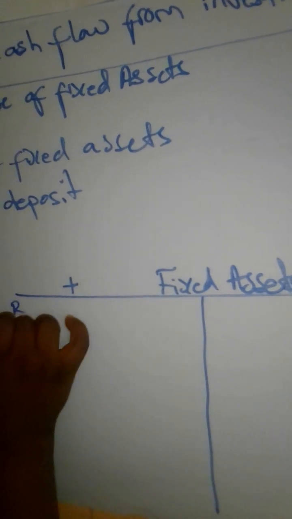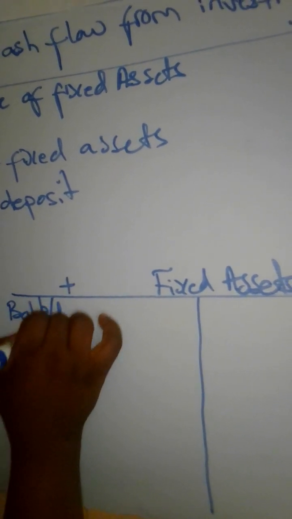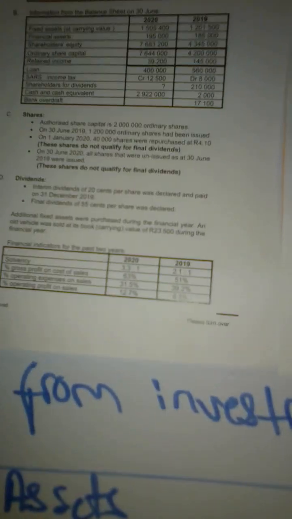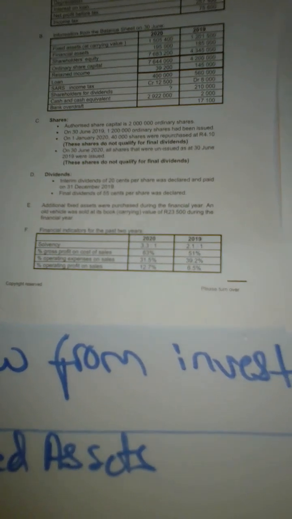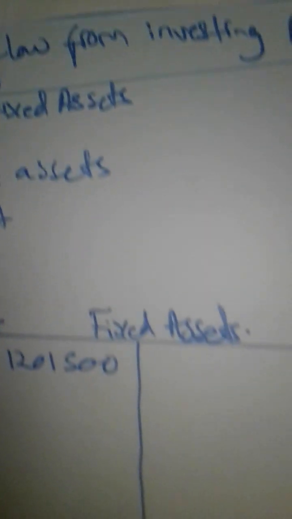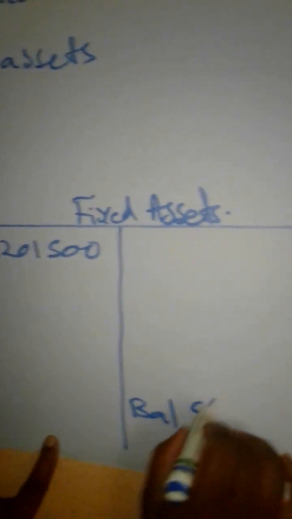So we've got our balance b/d, the amount from the previous year, 1,201,500. You can also record your closing balance, the balance c/d, which is 1,505,400.